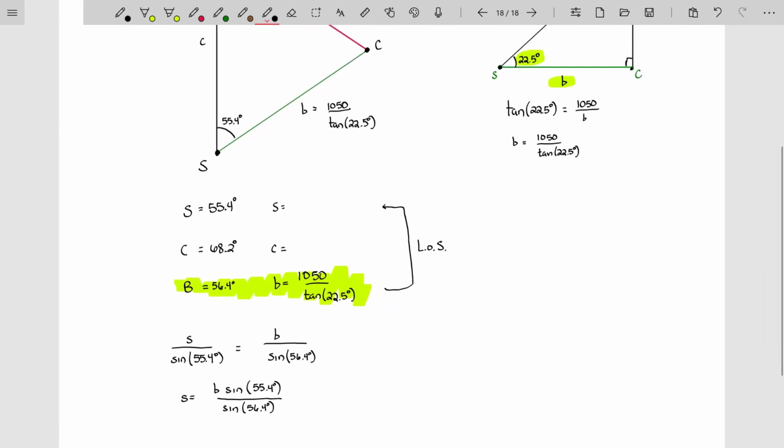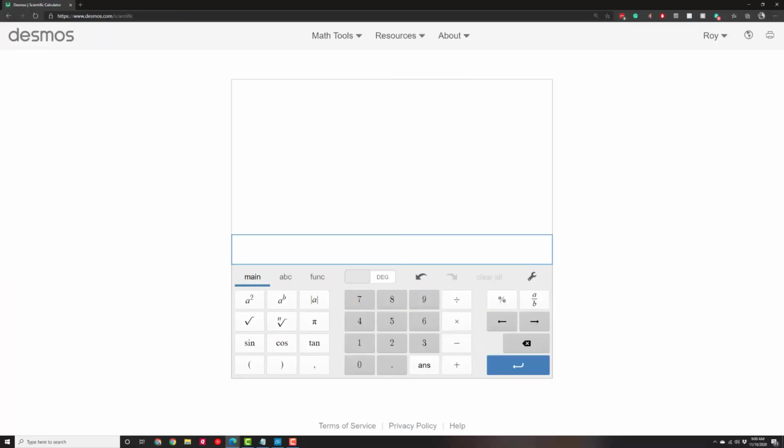I am now going to just hop over to Desmos. Now that I'm in Desmos, you have two ways of doing this. You could either compute B right now if you wanted to. Remember, B was 1050 divided by the tangent of 22.5. You can compute that and then use that in your computation.